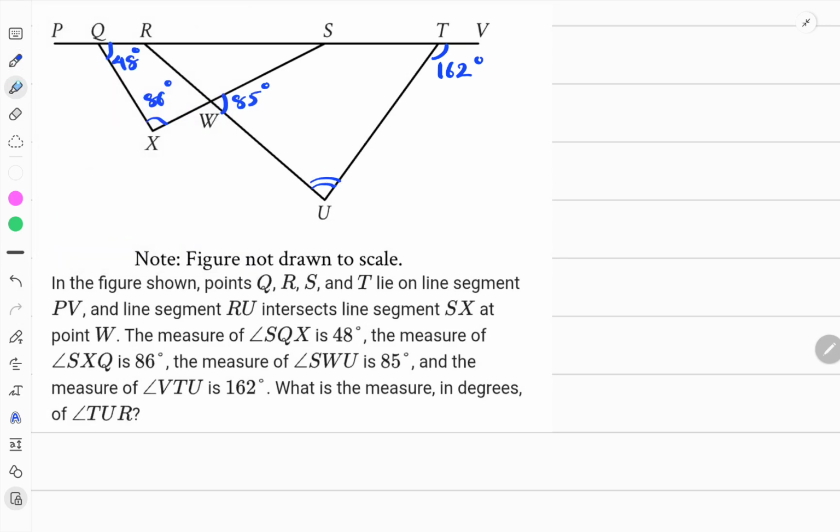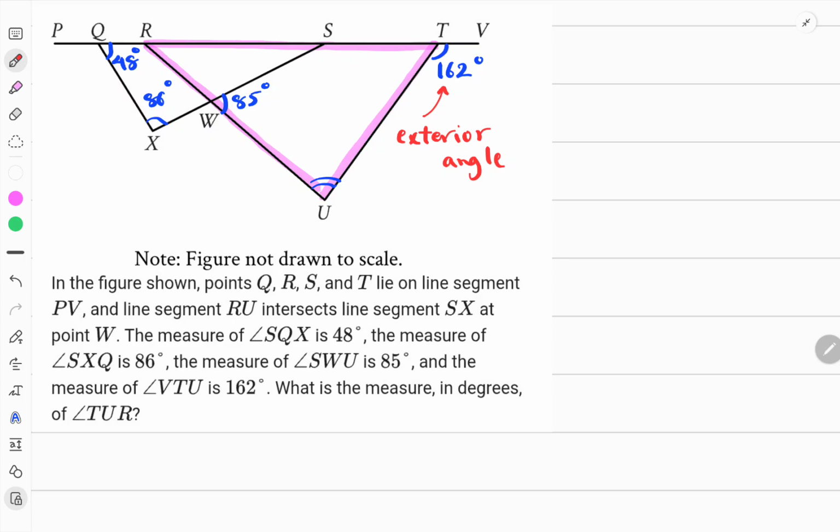Okay, first of all I'm going to show you that we have this triangle TRU, and in this triangle we have angle T, which is an exterior angle for this triangle.